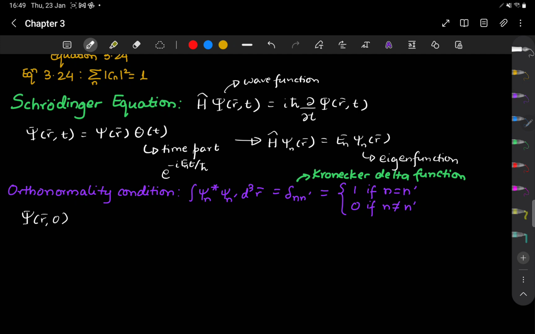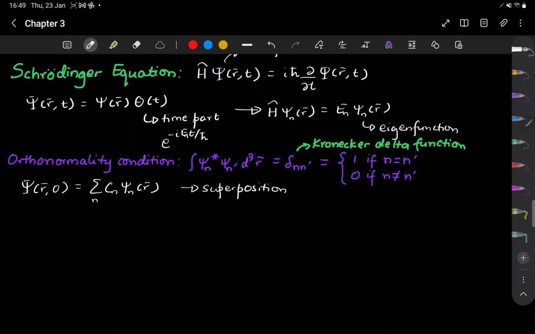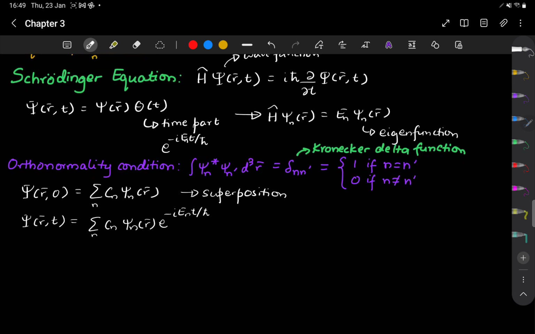Any random state at time t equals 0 can be written as the superposition of its eigenfunctions, which is basically the linear combination of the eigenfunctions, and then at any particular time t you will have the time part multiplied by this. So this is the time evolution of the wave function.